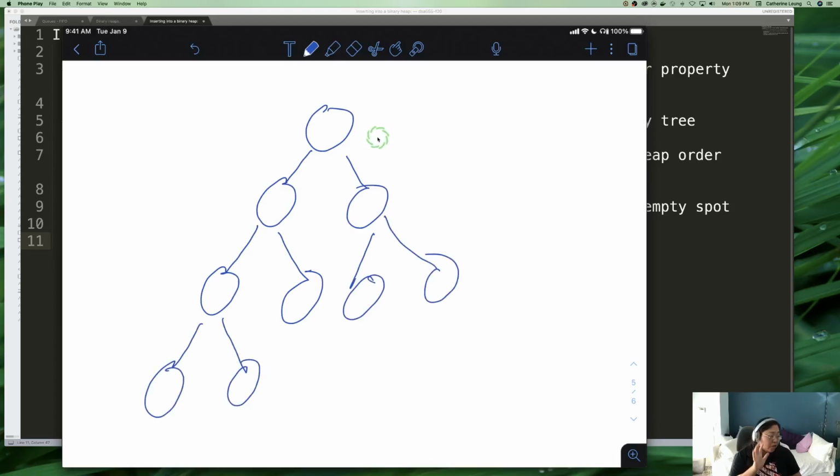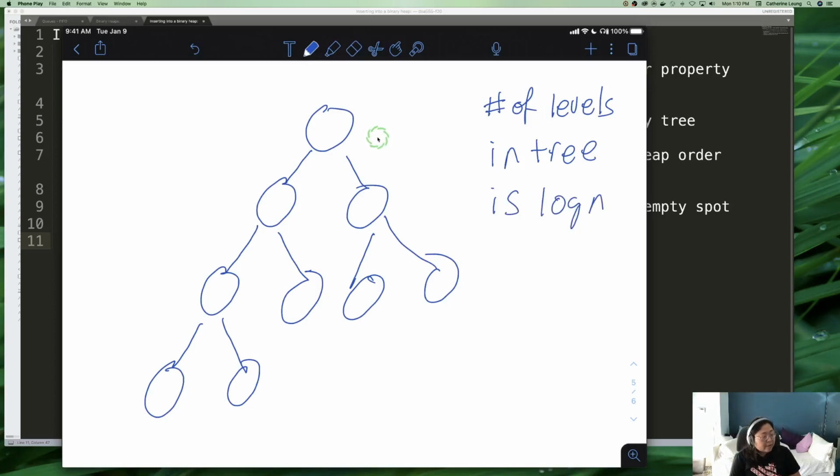Now, the first thing is that if it is complete, we have filled up this tree pretty much in its entirety except for the bottom level, right? So the first thing you need to know is the following. The number of levels in a tree is log of n, where n is the number of nodes.